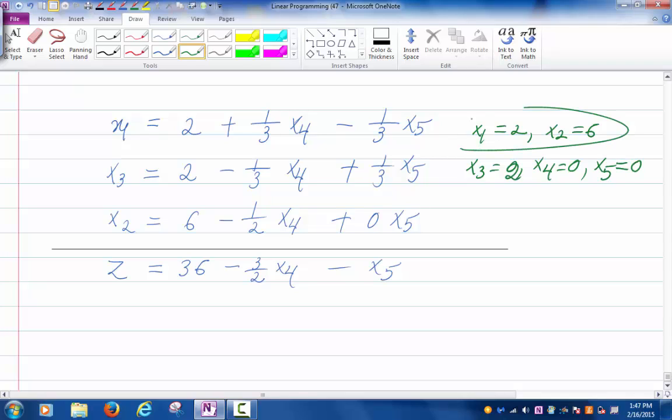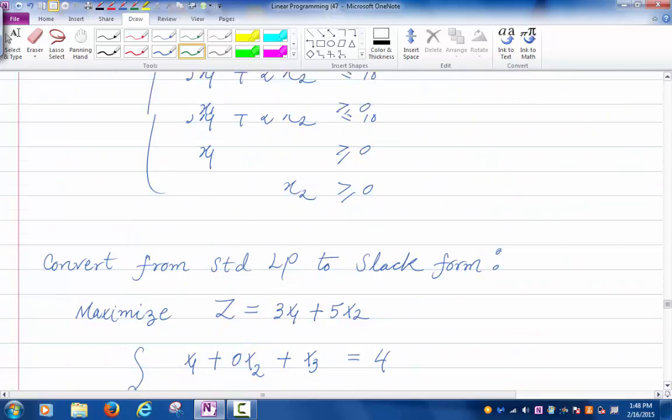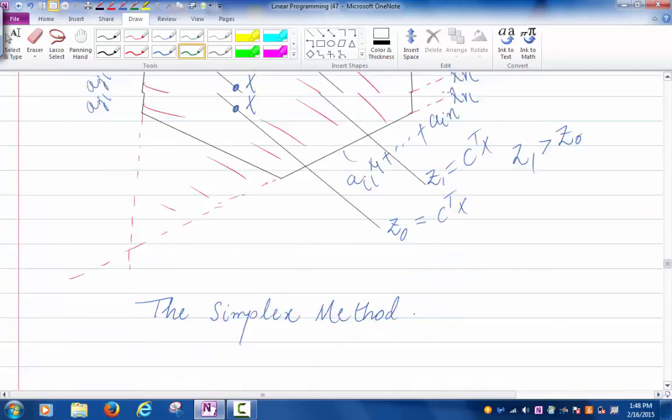So in terms of the original decision variables, the solution is 2, 6. Everybody is right? Okay. Clear? And so what's the optimal solution? 2, 6. So what's the optimal value? 36.